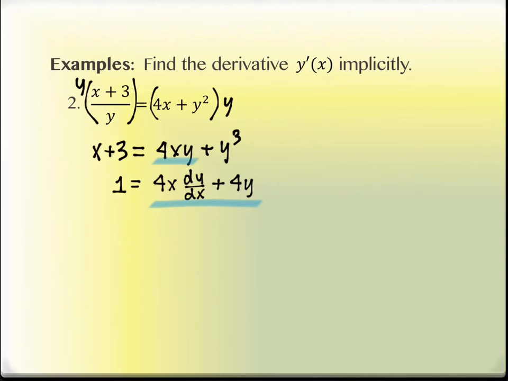So y cubed is a chain rule. First thing I do is I pull my 3 down and make it 3y squared. But then the derivative of y is dy dx. So again, anytime I'm actually taking the derivative that involves y, which this does, I'm getting a dy dx associated with it.